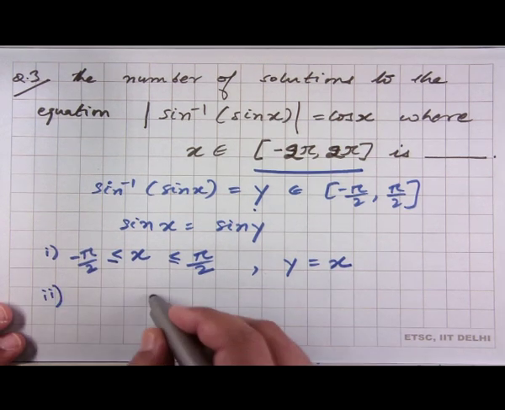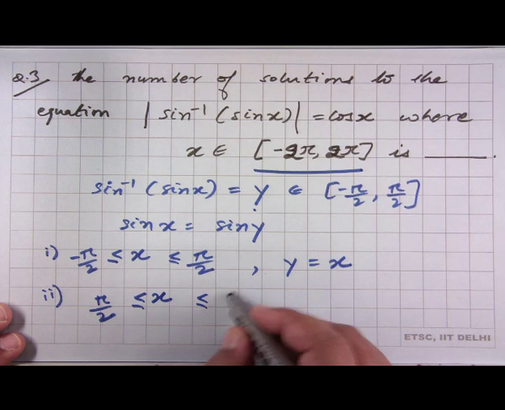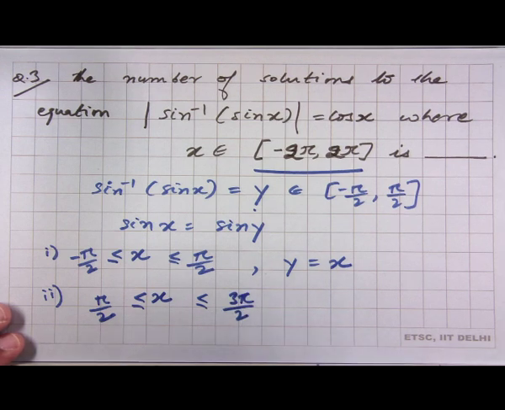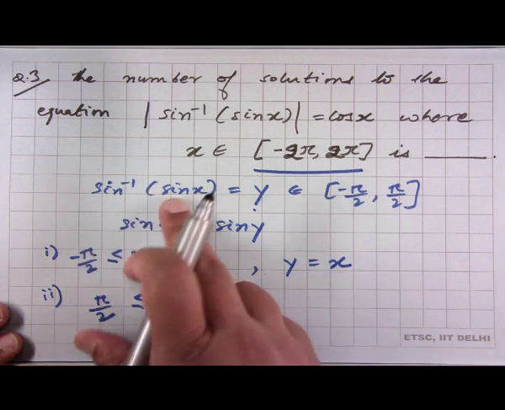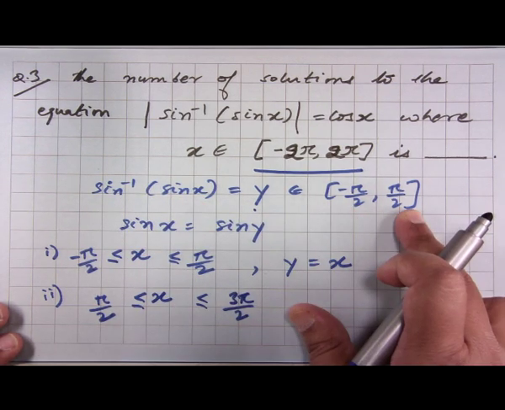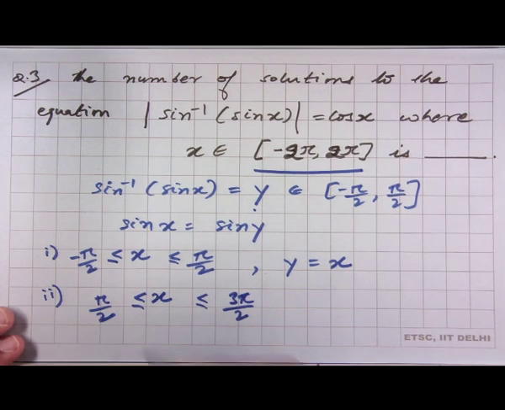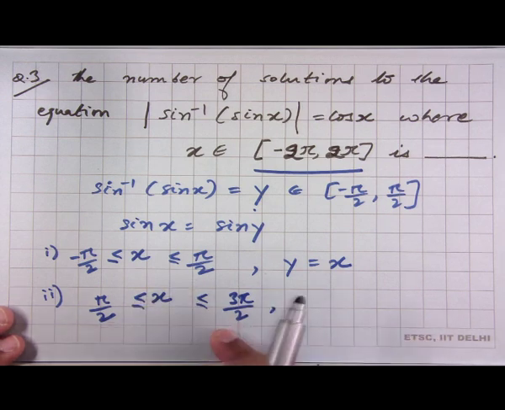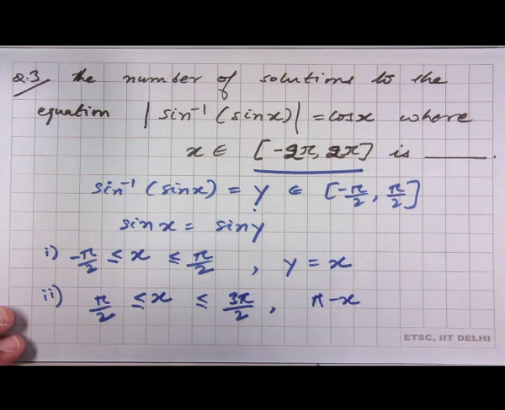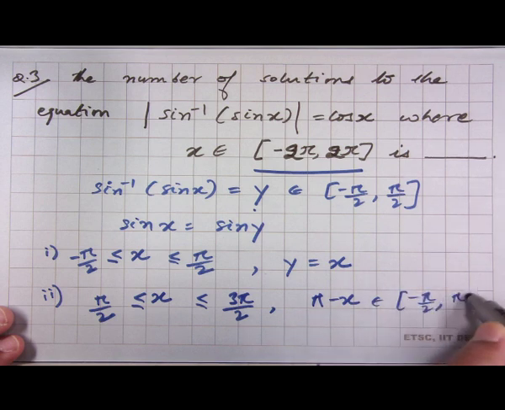The next interval is x greater than or equal to pi by 2 and less than or equal to 3 pi over 2. Obviously when x is in this interval, sine inverse of sine x cannot be equal to x, because sine inverse of sine x has to belong to minus pi by 2 to plus pi by 2, whereas x does not belong to that interval. But for this interval, if x belongs to it, then pi minus x is going to belong to the range set of sine inverse, which is this set.